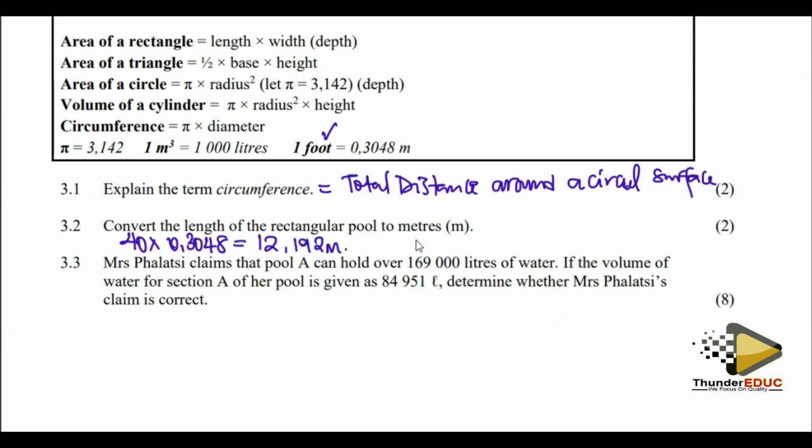They usually say round off your final answers to two decimal places, which will be 12.19. These are meters.